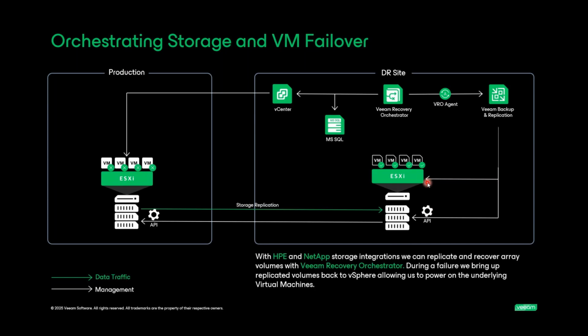We go and register those VMs with vCenter Server, register the original VMs, the ones that failed over, power on these ones, and apply then whatever custom steps or standard steps we have in the recovery plan. Again, it's an interesting option whenever we have an integration available for HP and NetApp storages.